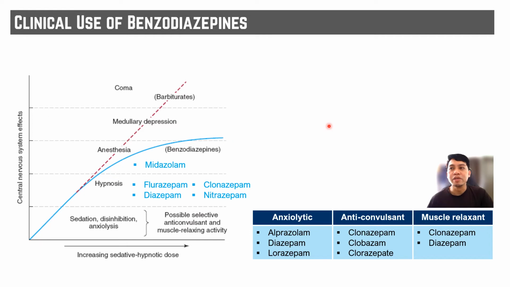So, in the management of status epilepticus, we use high doses of intravenous diazepam as well as lorazepam. Take note, there are only a few benzodiazepines that have anesthetic properties. One of them is midazolam.